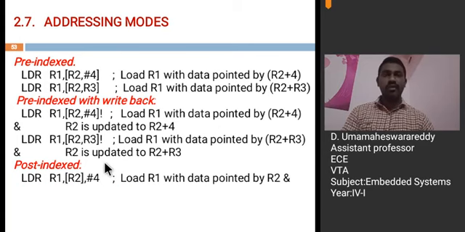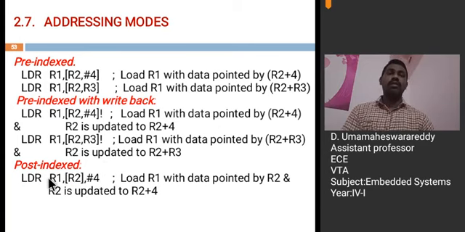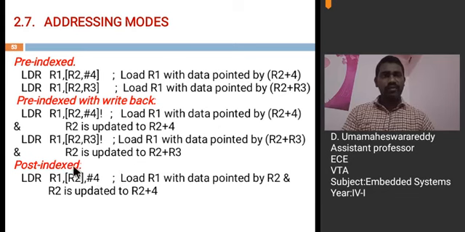Next, post-indexed. Post-indexed means first it will load R1 with data pointed by R2. And thereafter R2 is updated to R2 plus 4. Post-indexed means it will not add this offset address at the first time.